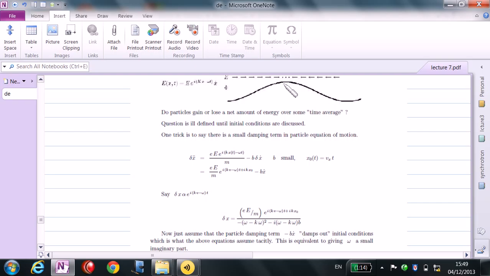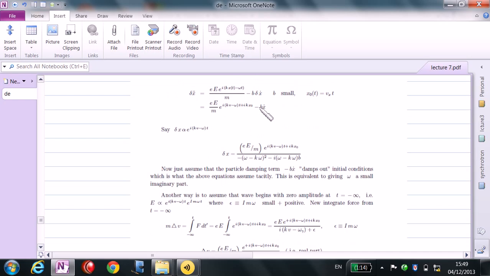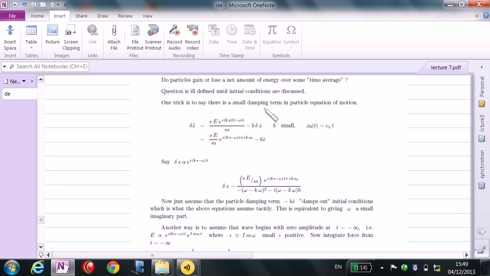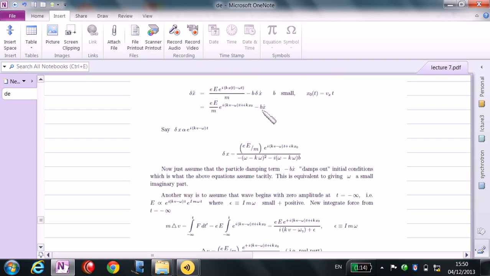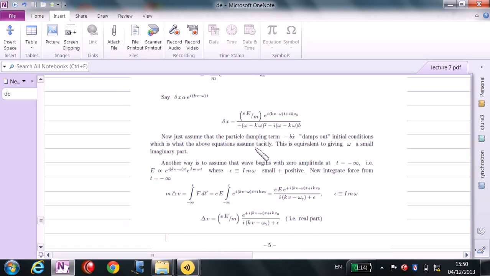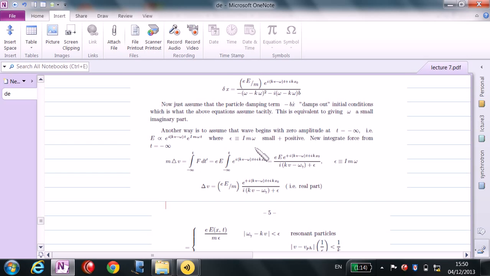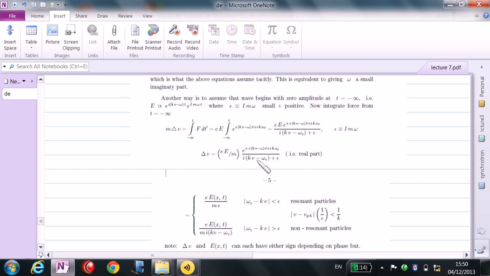So I should have as many particles gaining energy as losing energy. I think this repeats what I said before.